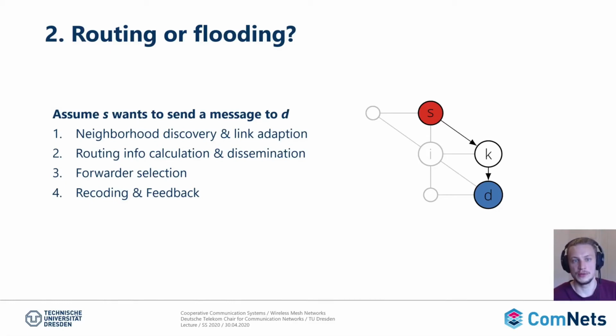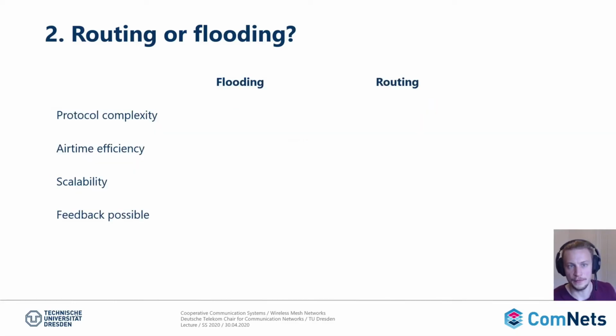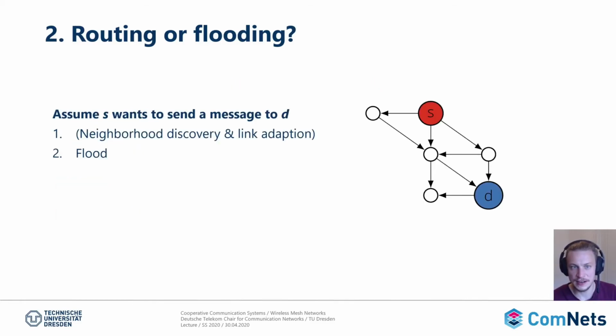On the other hand, we have routing, as discussed before, which is a lot more complex and also a lot more efficient. So what does this mean in comparison? As we've seen, flooding is very simple.